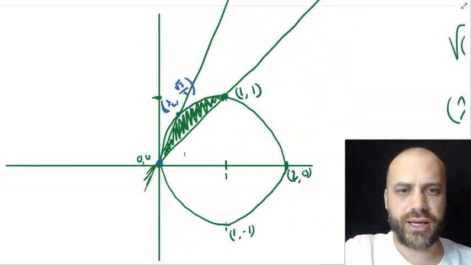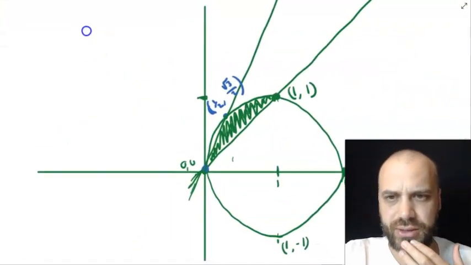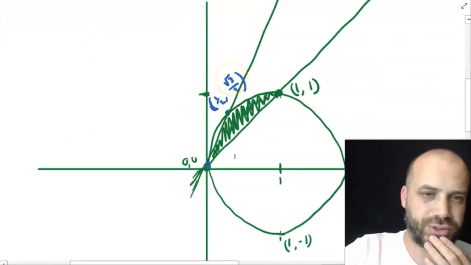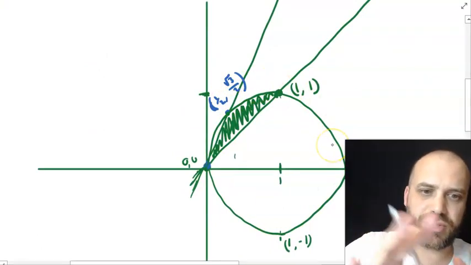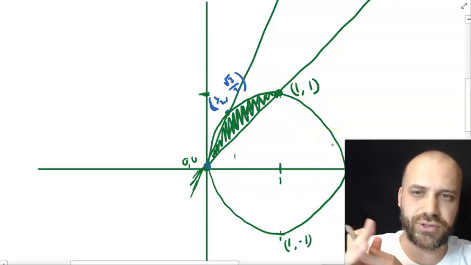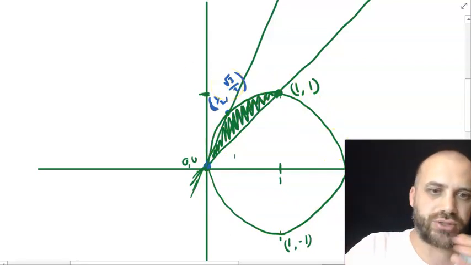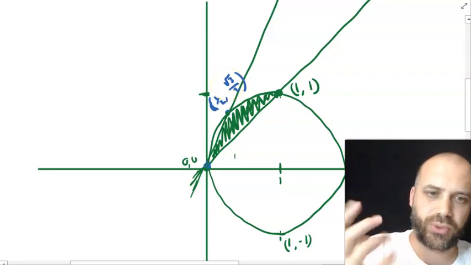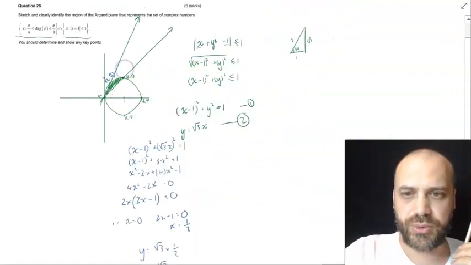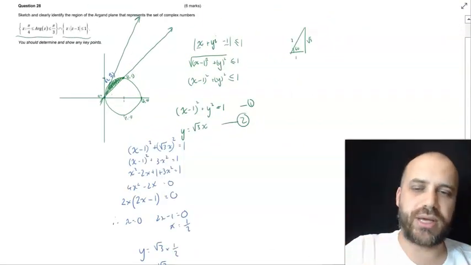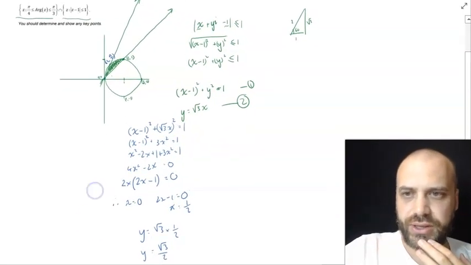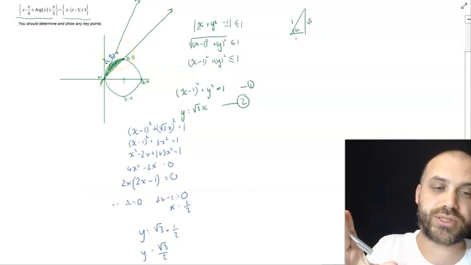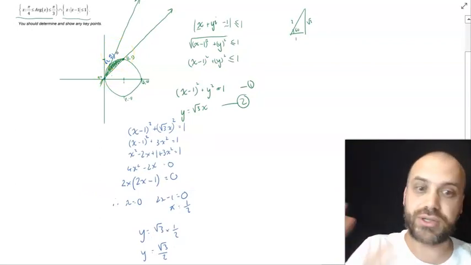Okay, and you can see that those numbers, that 1/2 and √3/2, they should be familiar to you. This is a unit circle that's been shifted over a little bit, and 1/2 and √3/2 are specific and important points on a unit circle. So when I was talking about doing this geometrically, there are other ways to come to that point as well, and I invite you to play with those other ways.